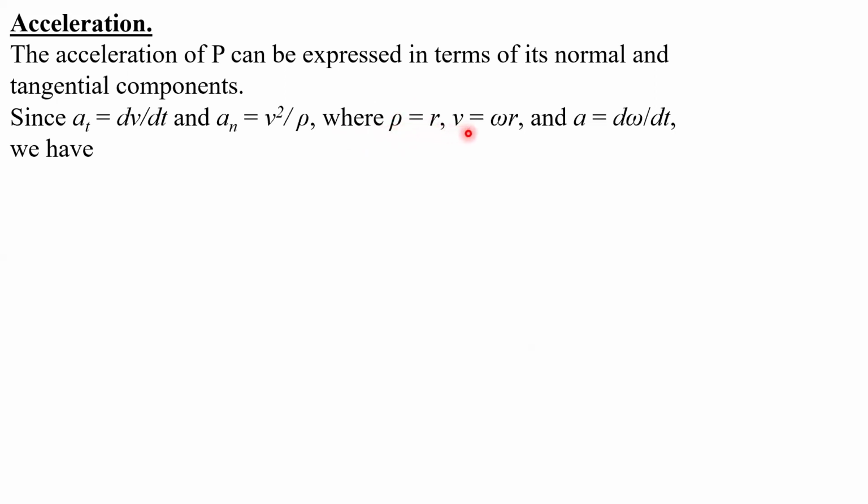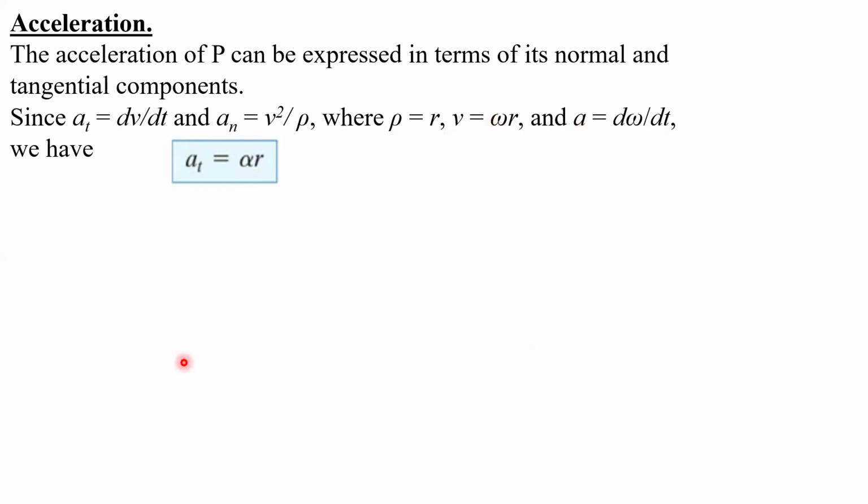We know that V is omega R and A is d omega/dt. Then AT is alpha R. When you differentiate your velocity with respect to time, and your velocity is omega R, then d omega/dt is alpha, and then you still have your R.